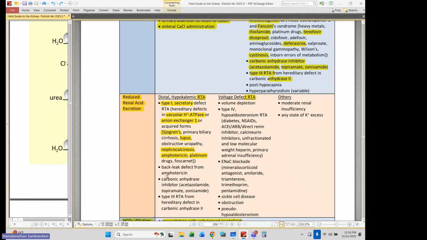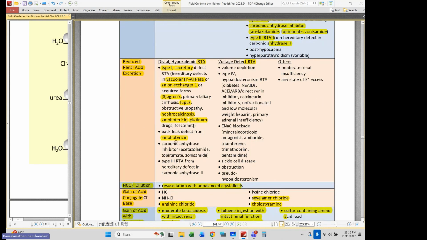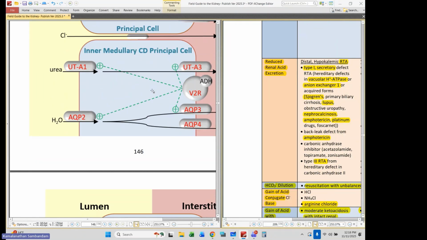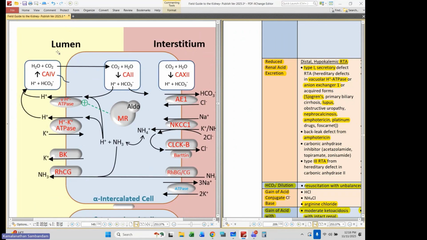And then I've highlighted the fact that although we think of carbonic anhydrase inhibition as a cause of proximal RTA, you have carbonic anhydrase throughout the nephron, and it is essentially what we describe as type 3 RTA, okay, because it's both a proximal and distal RTA, which you would understand when you realize that, again, intact urine acidification requires carbonic anhydrase activity throughout the nephron, including in the distal nephron.